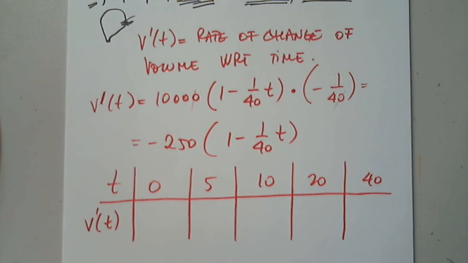We'll plug it in. So in y equals, clear everything, -250, parentheses, 1 minus, don't forget parentheses here, 1 divided by 40, close, x, and close.